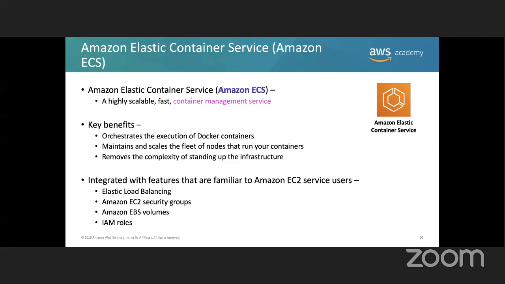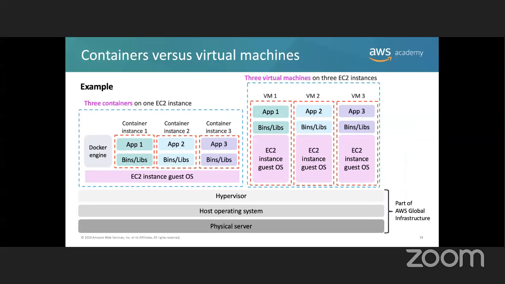With containers, you have less complexity and it's more effective than having the EC2 instances like this, right? This introduces more complexity than this. Just the fact that you have to use the guest OS here and the guest OS here and the guest OS here, and here only one time, that makes it more simple. Okay.